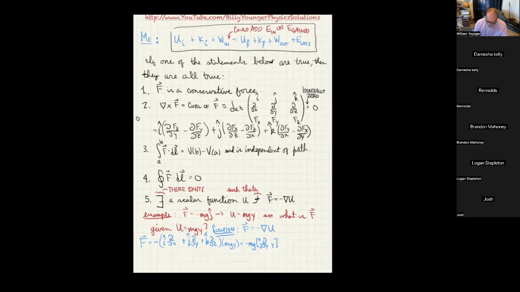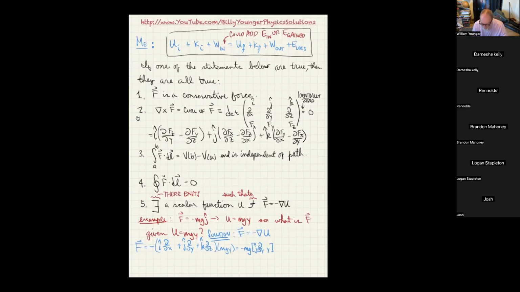And of course, you can see that the partial derivative of y with respect to y is just 1. So we end up getting negative mg j hat, which is exactly the force that we need. Does that make sense to everyone?